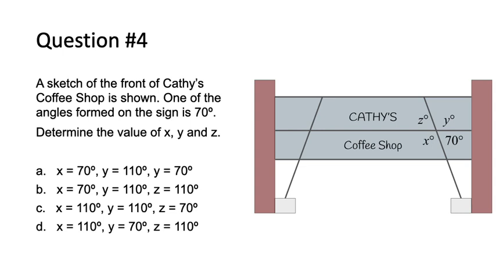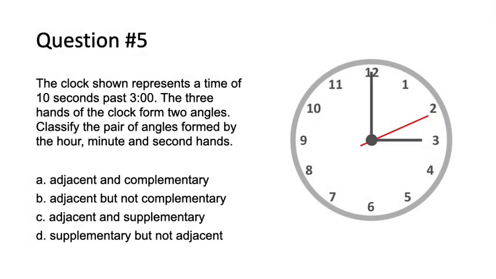Some angle information is given, and you have to figure out the missing angles X, Y, and Z from among the choices. Finally, question number 5, we add a second hand into this analog clock, and we're noticing that there are actually 2 angles that we can see there that are formed between the minute hand at the 12, the second hand at the 2, and the hour hand at the 3. Classify those 2 angles. So now put the video on pause, answer the questions, and let's see if we agree.